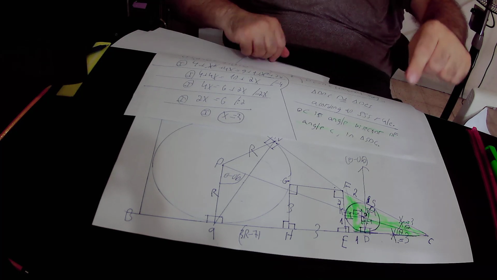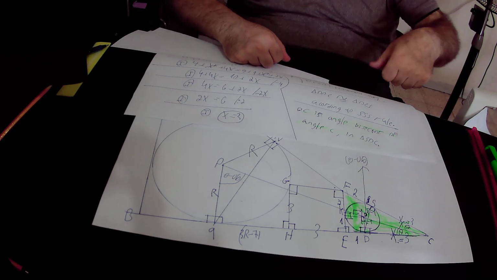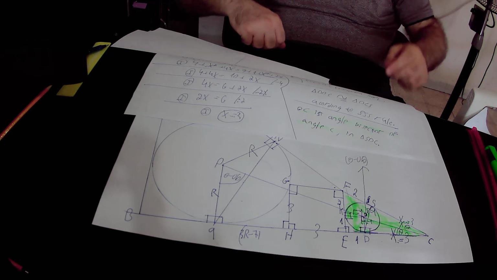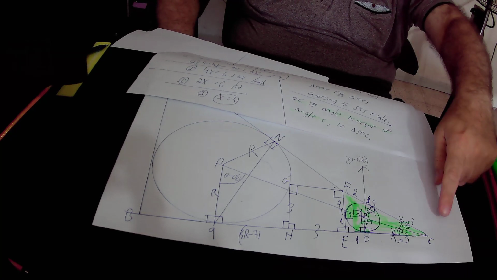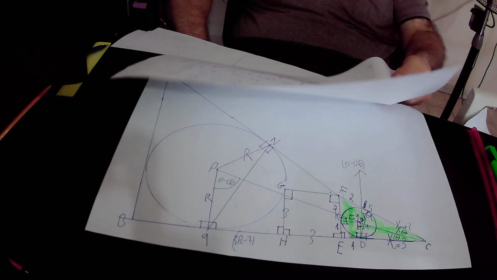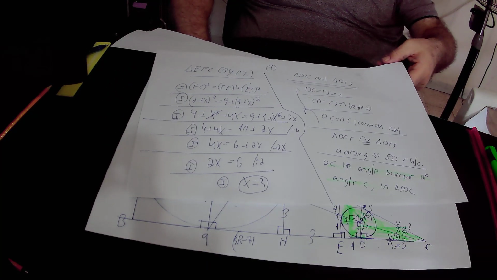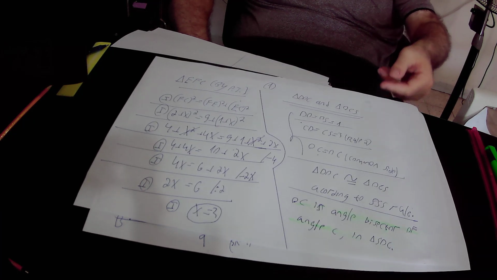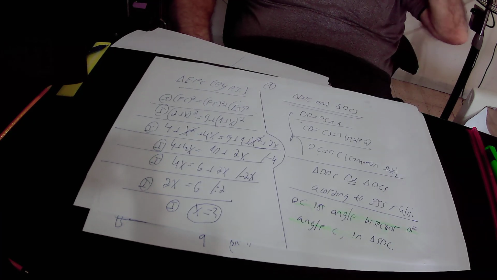Then we prove that those two right triangles are congruent. Why are they congruent? First of all, we know that side CS equals side CD equals 3 units according to rule number 2.